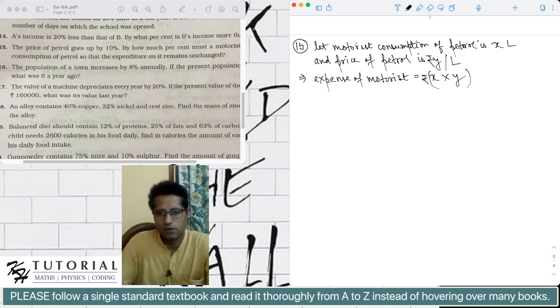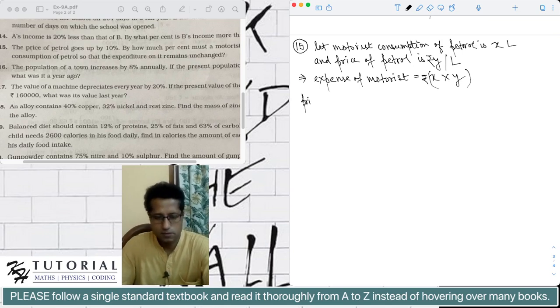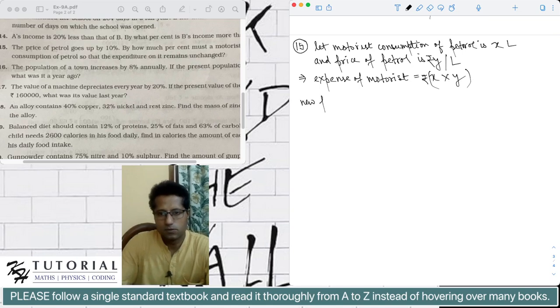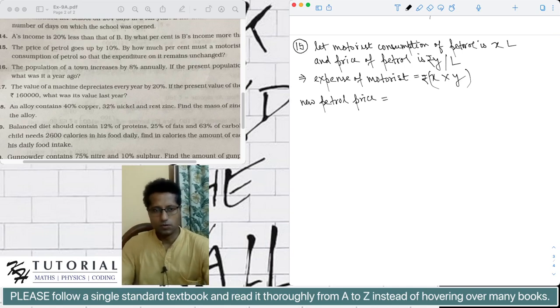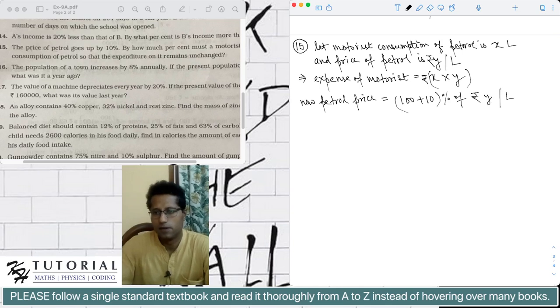Now, after the price change, the new petrol price will be equal to, it is given that the price of the petrol goes up by 10%. So the new petrol price will be 100 plus 10% of rupees y per liter.